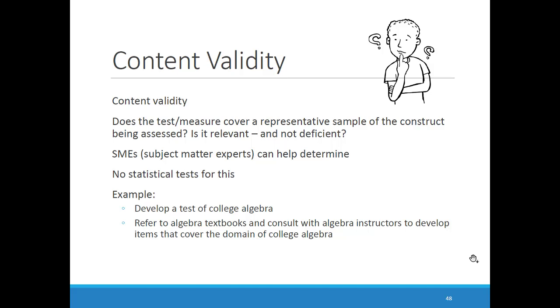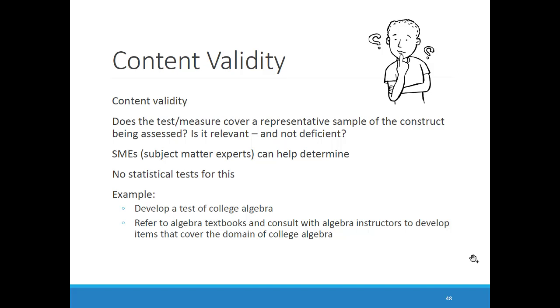So let's take, for example, we are developing a test of college algebra. So we want to refer to algebra textbooks and consult with algebra instructors to develop questions for that test that cover the domain of college algebra. We want to make sure that the questions that we're asking are relevant to college level algebra and not deficient.